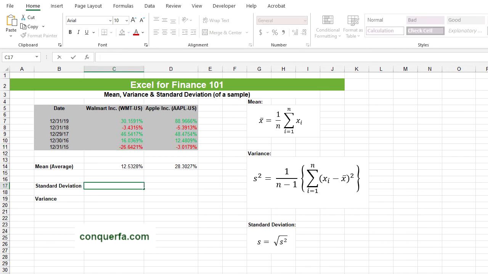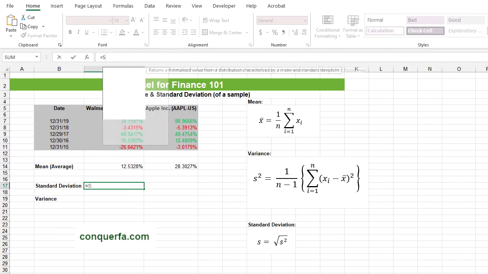Now in Excel, there's the standard deviation function. So we go equals STDEV. And there's two that we can select from. So we have STDEV.P for a population and STDEV.S for a sample. I just explained that we're already dealing with a sample in this instance, so we're going to use STDEV.S for a sample, and that's going to divide by n minus 1.